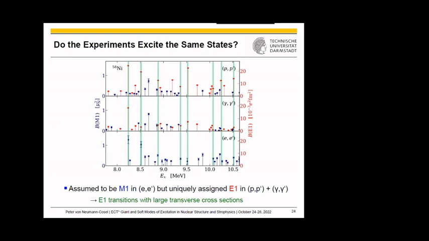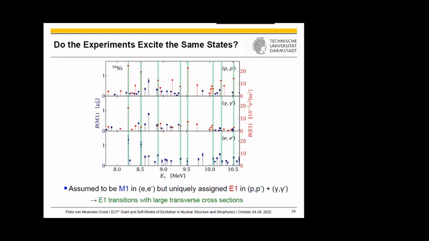Nice talk. As you quoted, there is a claim that this toroidal mode may be the pygmy resonance, or the other way around. First of all, the toroidal mode is present also in nuclei with N equals Z, while what is called the pygmy resonance is not.